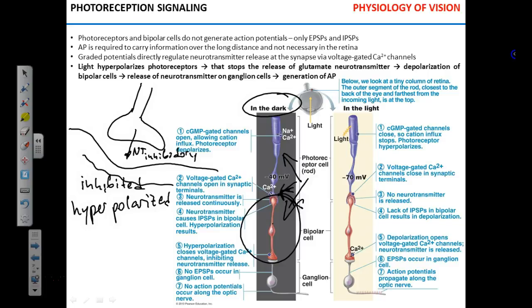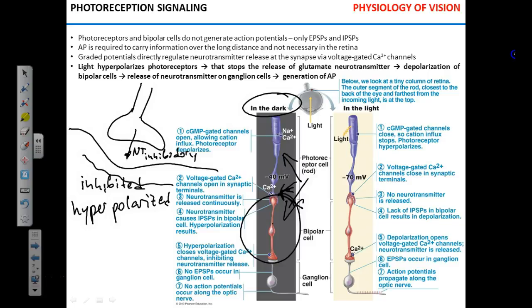So, what does the neurotransmitter do again in the synapse that makes it inhibitory? It is inhibitory neurotransmitter. And then what does that do? It hyperpolarizes bipolar cell. Because of the release of, what about the channels? Chloride channels open. Bipolar cell becomes more negative. The membrane potential becomes more negative.